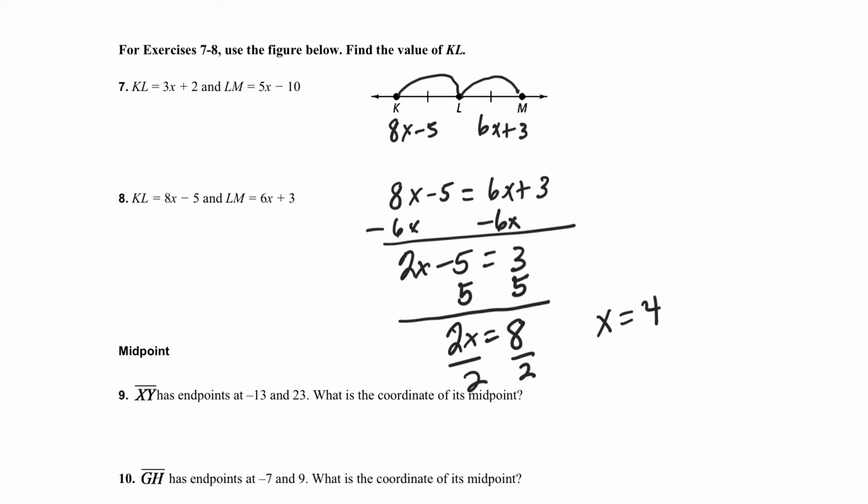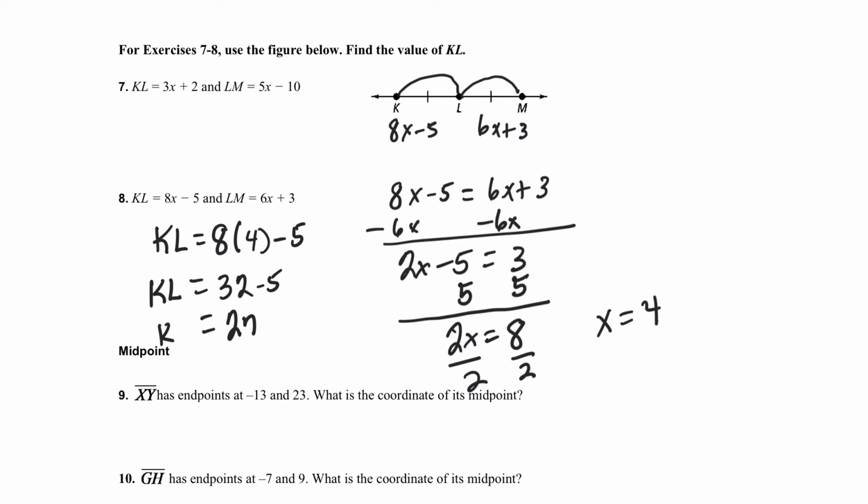So what we're going to do is we're going to substitute into the distance from K to L. So we have 8 times 4 minus 5. So 8 times 4 is 32 minus 5. So the distance from K to L is 27.